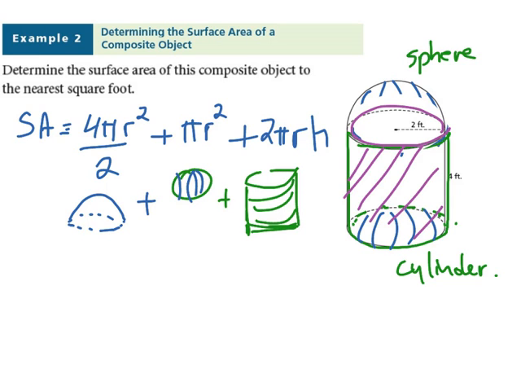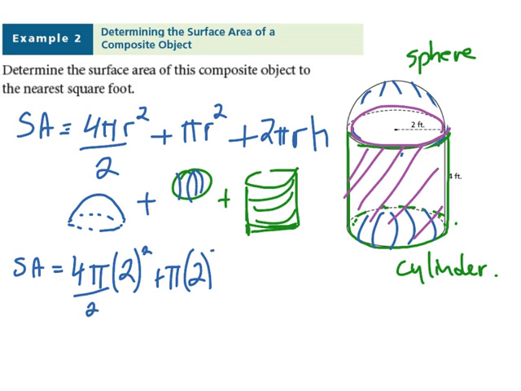We just have to plug the value of the radius into our equations. The radius is 2 feet, so pi times 2 squared, plus 2 pi times 2 times the height, which is 4.